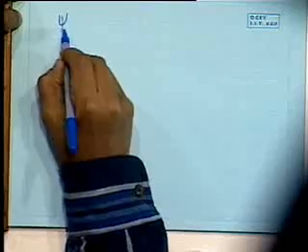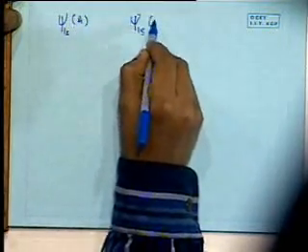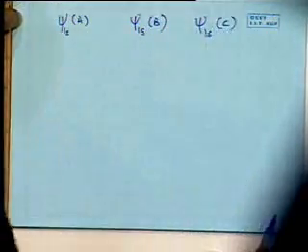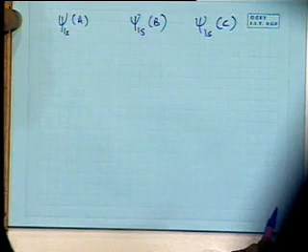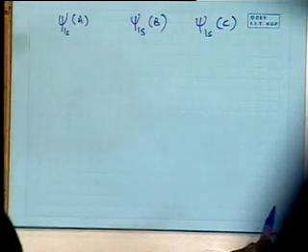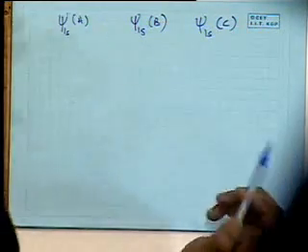So for the 3 atoms, I've got psi 1s A, psi 1s B, and psi 1s C. These are the 3 atomic orbitals for the 3 atoms. To create my 3 molecular orbitals, I have different ways of combining these, and there are rules that are determined. We are not going into great detail.